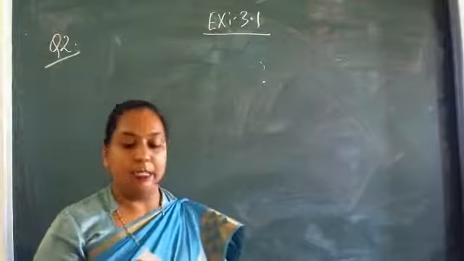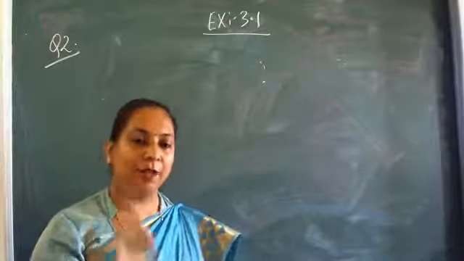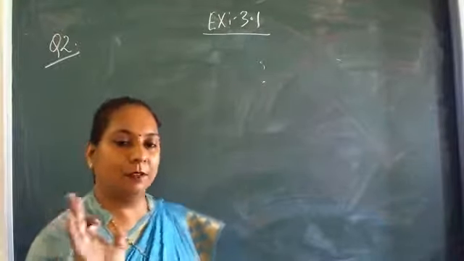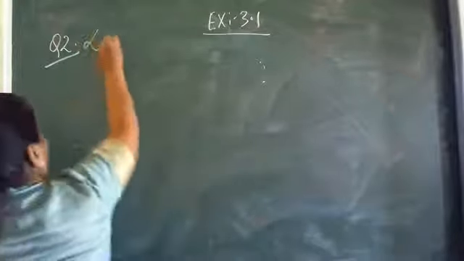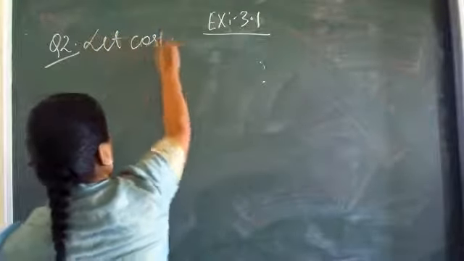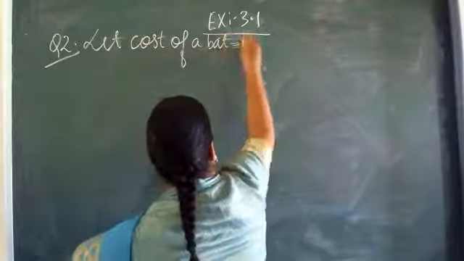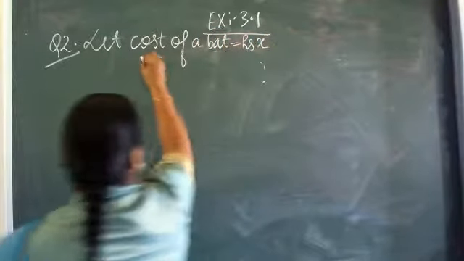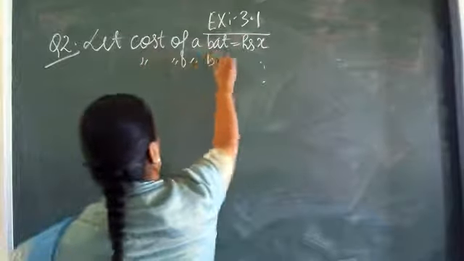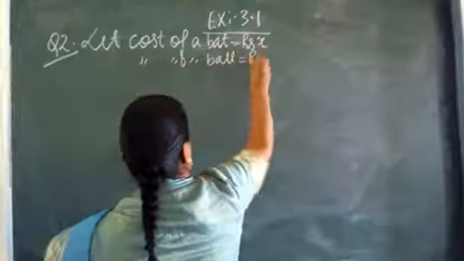Now in this we have to suppose the cost of one bat and the cost of one ball. So let the cost of a bat be rupees x and the cost of a ball be rupees y.